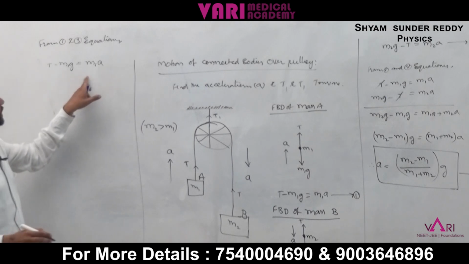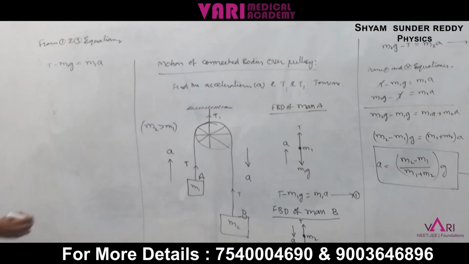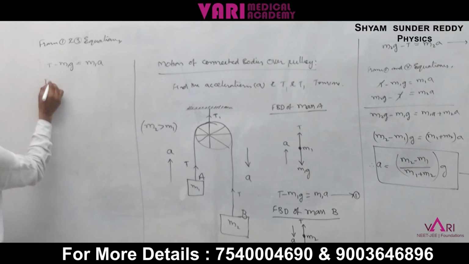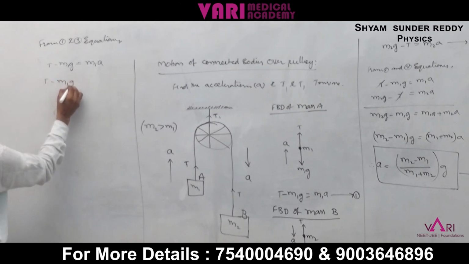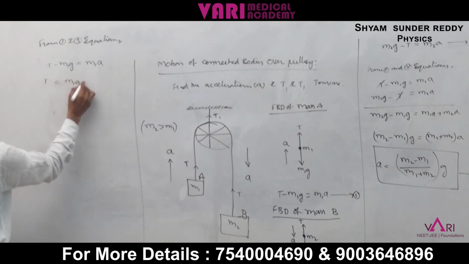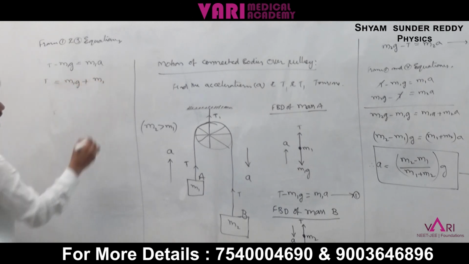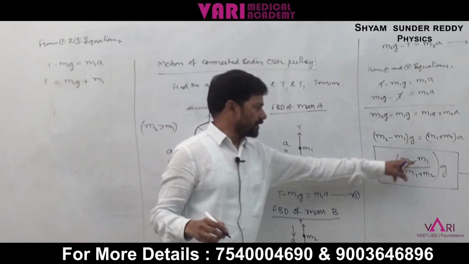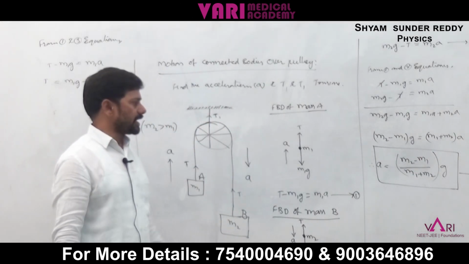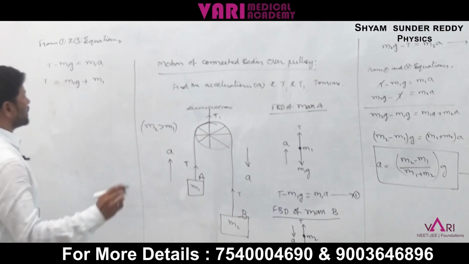T minus m1g is equal to m1a is the first equation, and what do we have for a? T is equal to m1g plus m1 into, in the place of a, we write m2 minus m1 by m1 plus m2 into g.